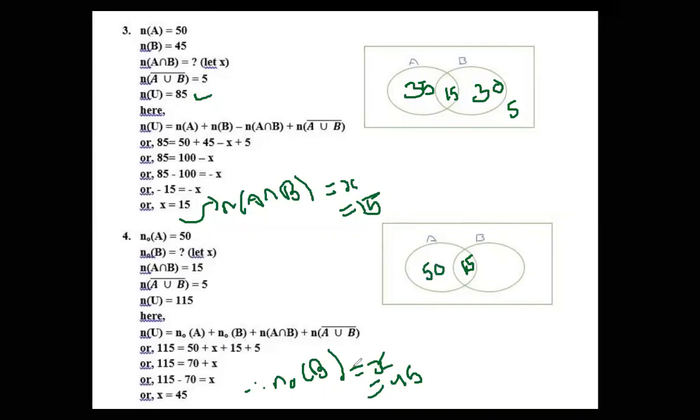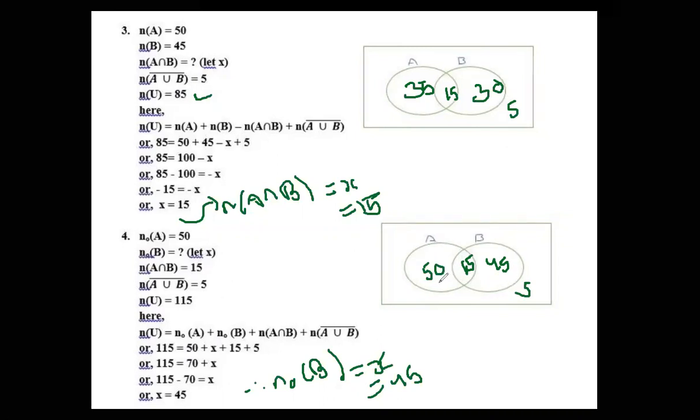We got the value of only B as 45. Only means this part. And the value of complement is 5. So all 4 parts will be filled up, 1 2 3 4, and count how much is the total. 45 plus 50 is 95, 95 plus 15 is 110, 110 plus 5 is 115.